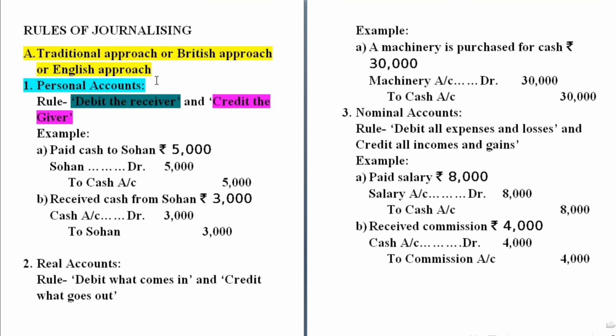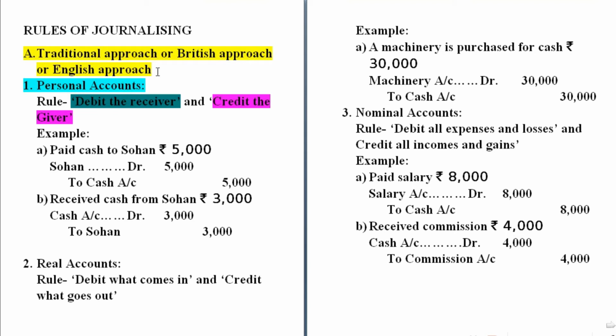Okay, so I'll not confuse you, we'll just go step by step. So a personal account is the name of any person, either natural, artificial, or representing an account of several persons together, like outstanding, prepaid.